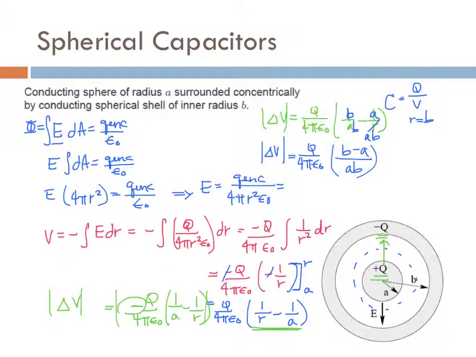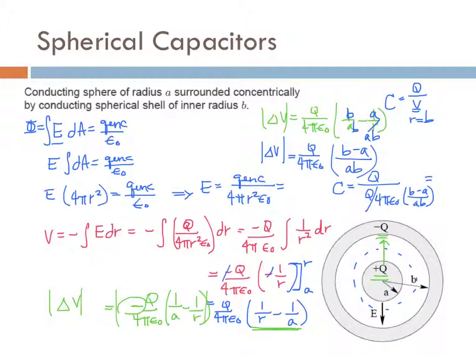Now our potential is going to go here in V. So if I want to solve for capacitance, I simply plug in my potential. Again, this is just a lot of algebra.